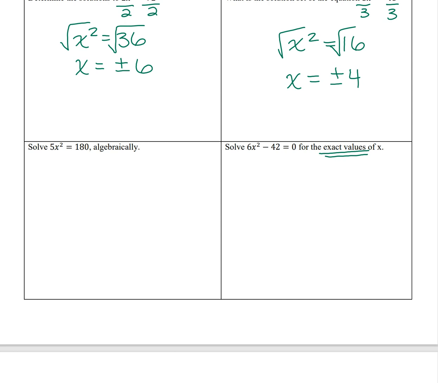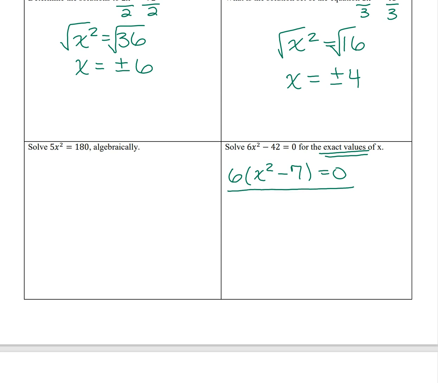So the first way, if I choose to factor it, I have it set equal to 0, which is good. Now I'm checking for a GCF. 6 goes into 6 and 42, so I'm going to pull out the GCF of 6. I have x squared minus 7 equals 0.